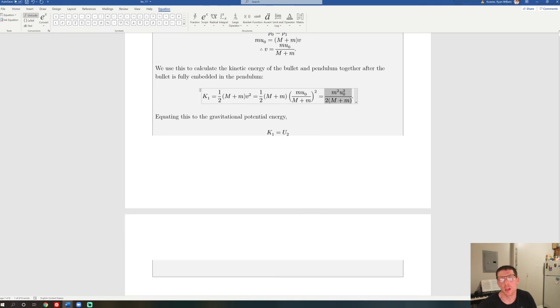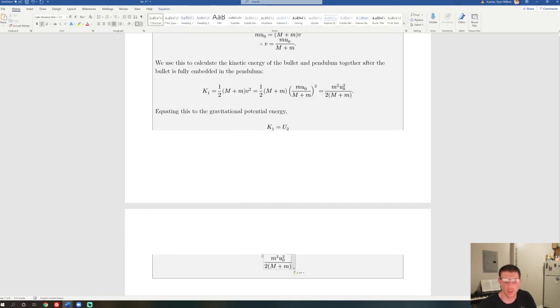This is what we found for K1, and U2 will be big M plus little m g h, right? And we want to solve this for U, or U naught, I should say, because that's what we were originally asked about, right?